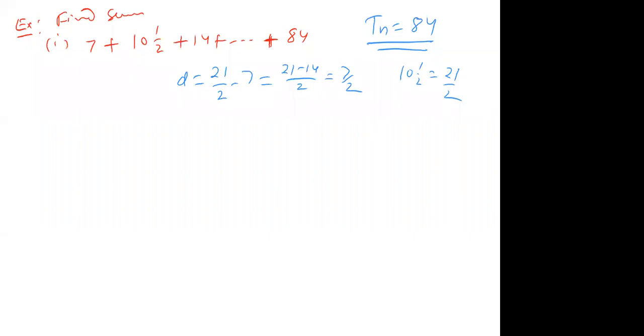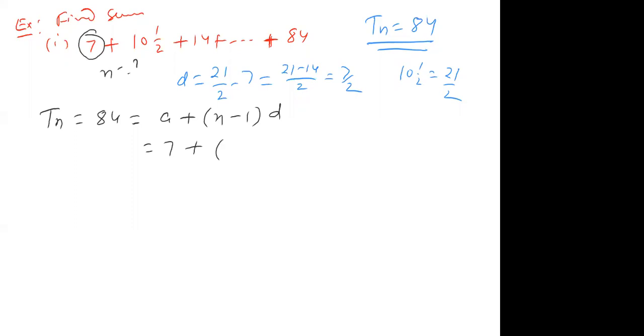Now you can write Tn equal to 84, which is A plus N minus 1 into D. Now put the values. A is the first term, 7. N I don't know here; I have to calculate how many terms there are in this sequence. So N minus 1, and D is 7 upon 2. So 84 minus 7.